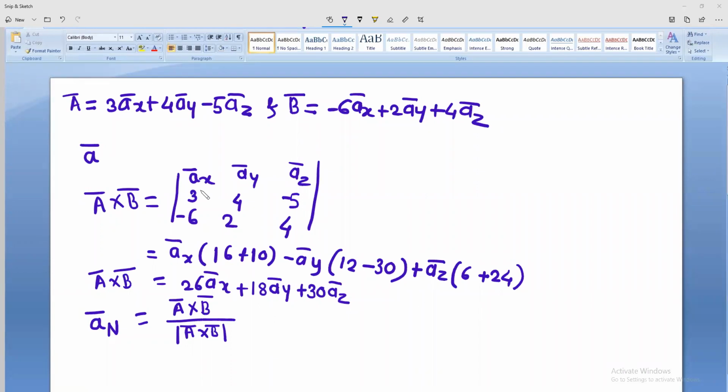So my question is why we are taking cross product and not dot product. Why are we taking cross product?